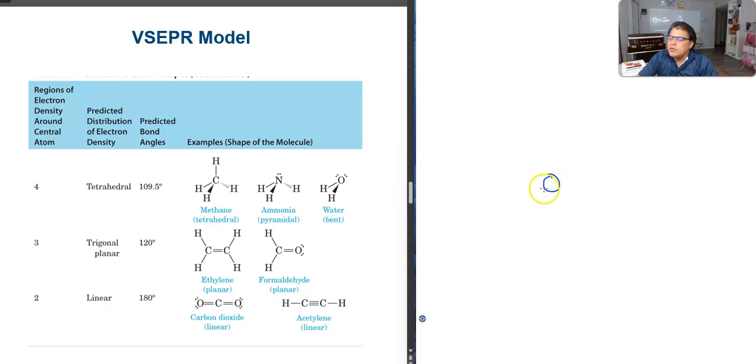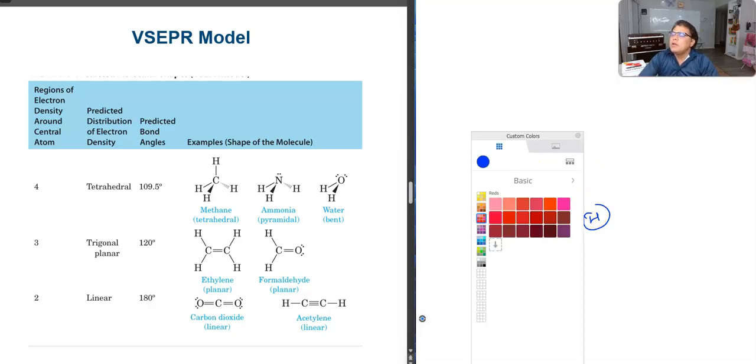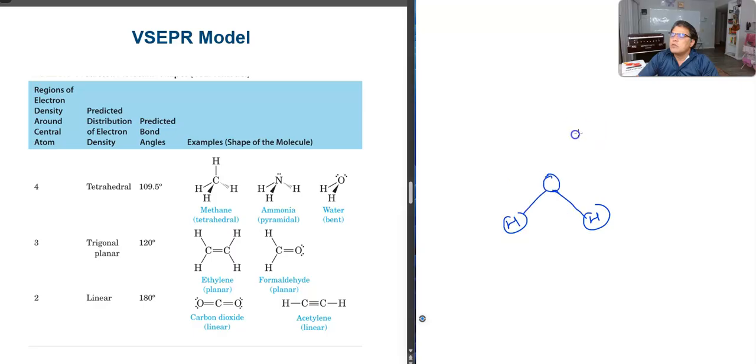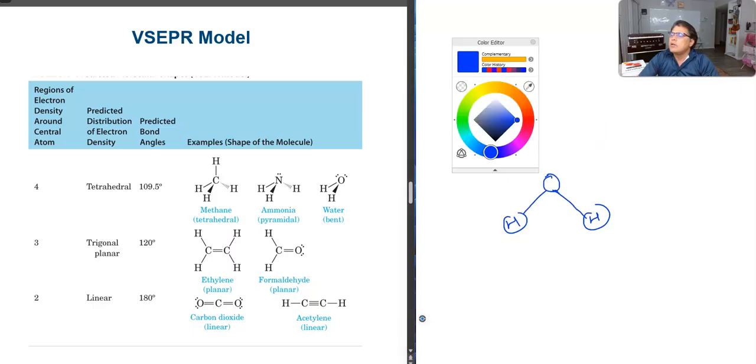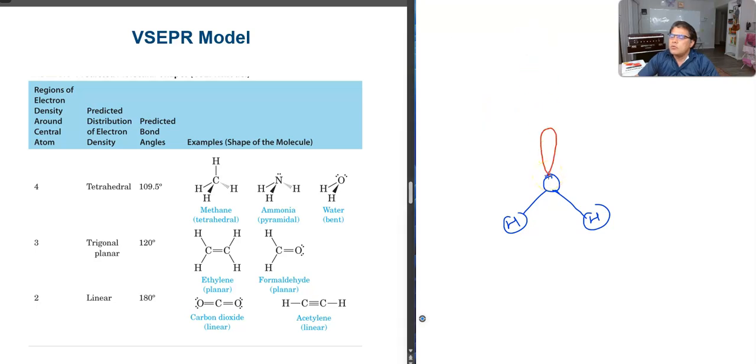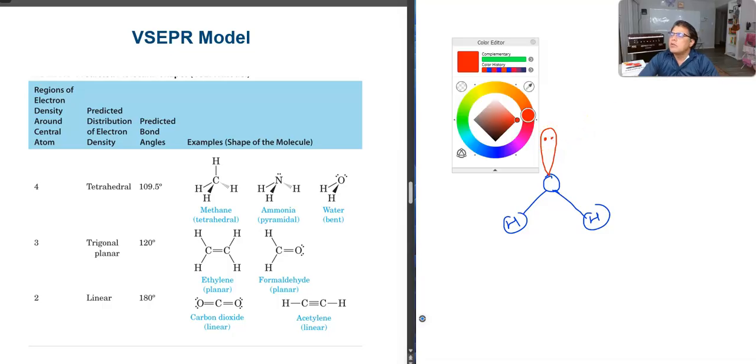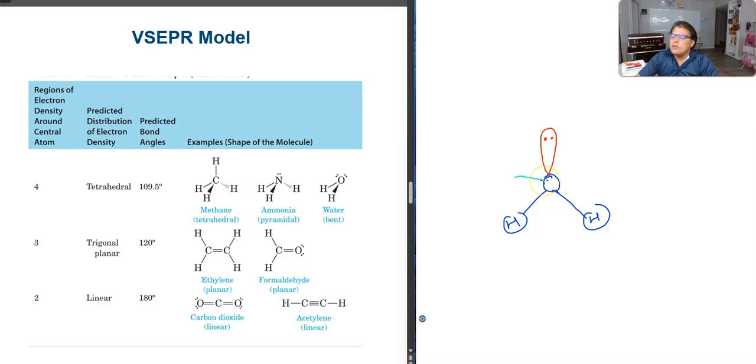Now let's see the water. Water is H2O, right? But water has 2 lone pairs. Let me show you the 2 lone pairs in different colors. Red is one lone pair here. Let me take another lone pair in a different color, green, suppose. So one lone pair is here. See, these 2 lone pairs are also farther away. With 2 lone pairs, again the structure is tetrahedral.